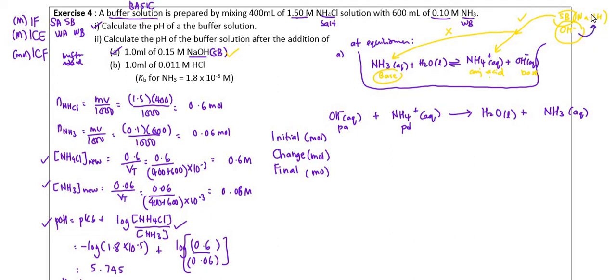So mole NaOH equals mole OH minus. So how do we find the mole of NaOH? Yes, mole NaOH equals mole OH minus equals MV over 1000, where the molarity is 0.15, multiplied by the volume 1.0 over 1000, becomes 1.5 times 10 to the negative 4. So put it into your table.